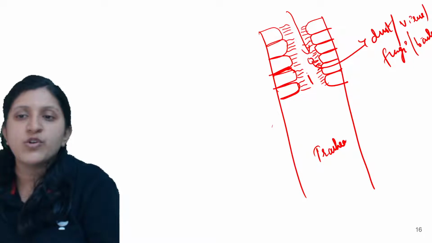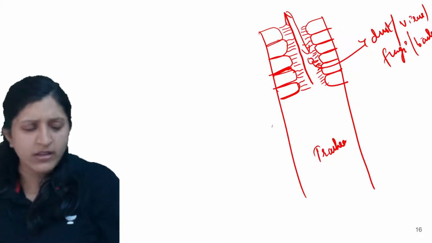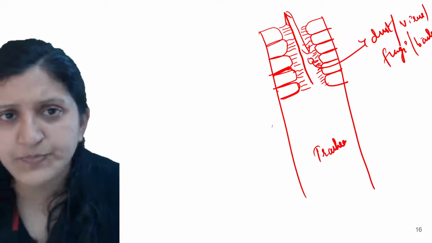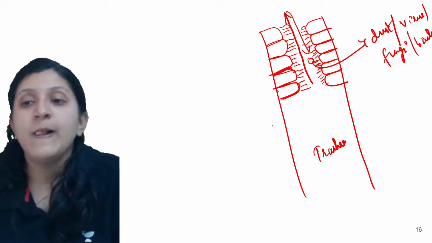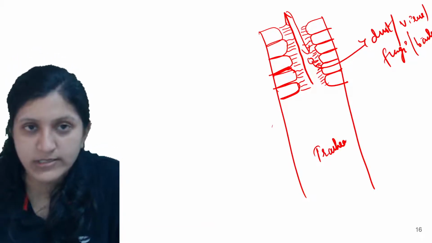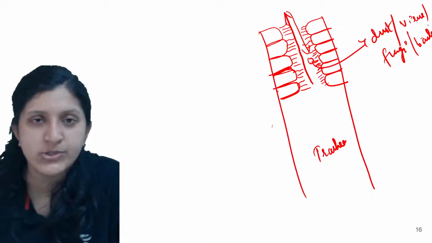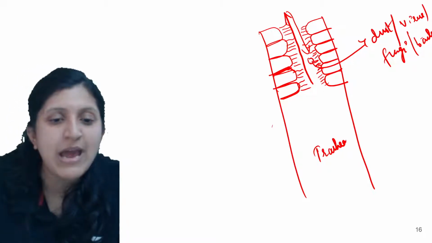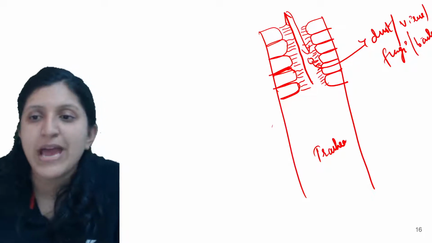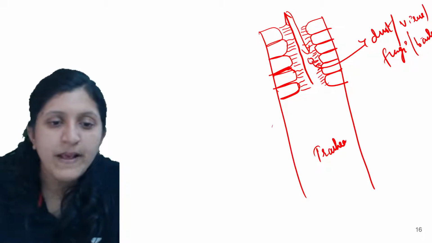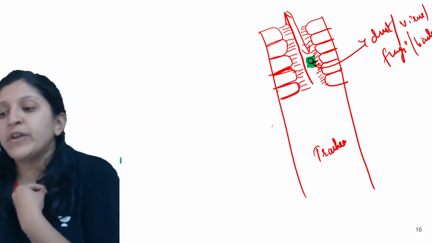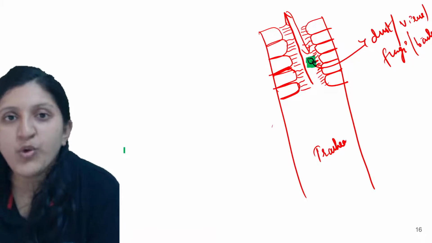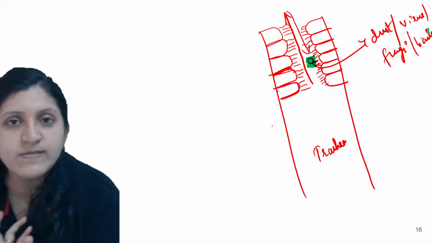The cilia always move in this direction, from your body to the outside, so that the particles are trapped in mucus. This is a bacteria, this is a virus, and they are completely trapped in the mucus now. Whenever you sneeze or cough, basically there are germs in your body.